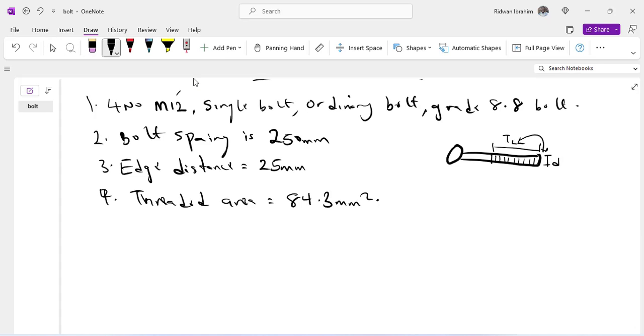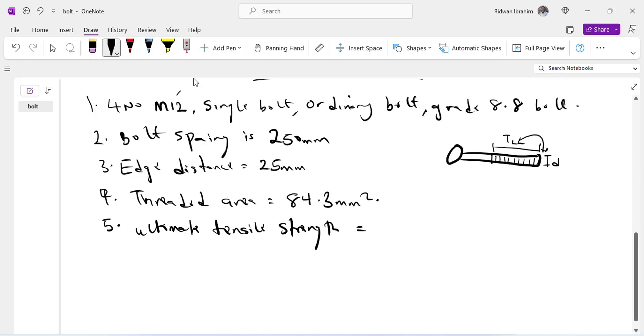The fifth parameter will be the ultimate tensile strength of the bolt. The ultimate tensile strength of the bolt is 800 Newton per millimeter squared.